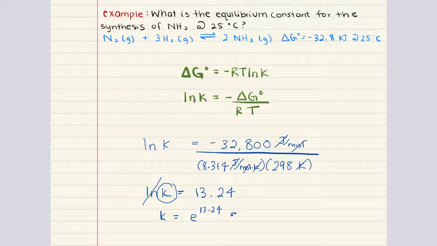Again, we can plug this into our calculator, and what we get is that K is equal to 5.62 times 10 to the 5th power. And there we have it. We've answered this problem. We've figured out the equilibrium constant for the synthesis of ammonia at 25 degrees Celsius.